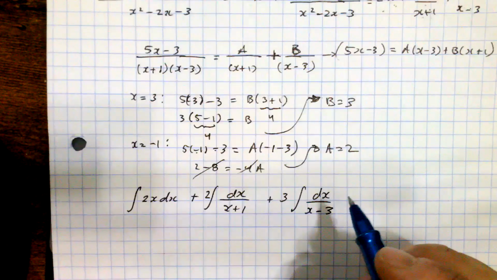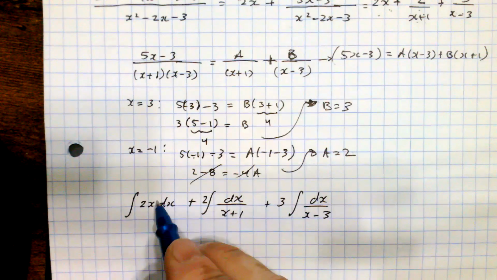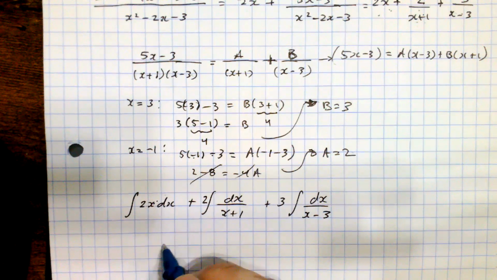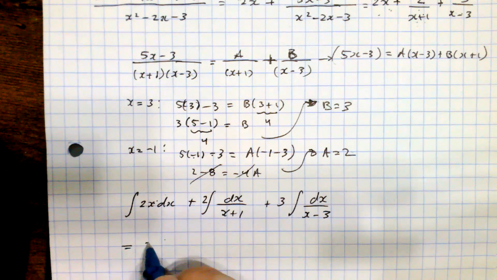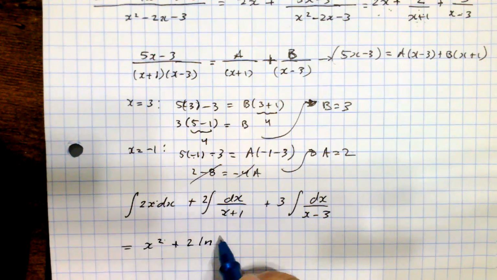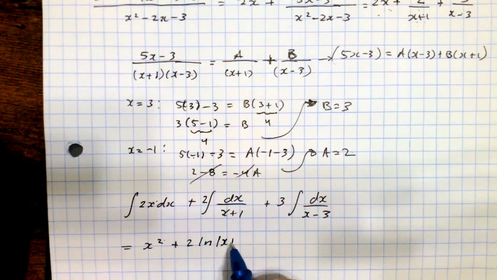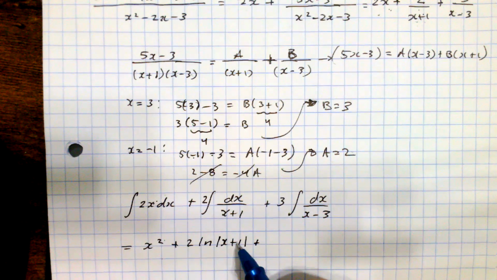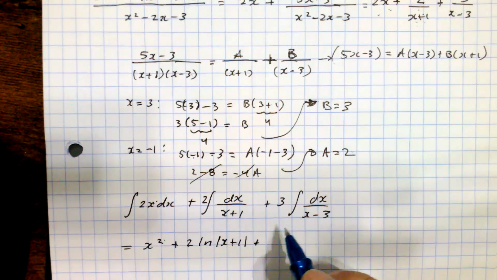Okay. Integrating these each, this is the exponent, add 1, divide by it, so this is x, so it'll be x squared divided by 2. 2 divided by 2 is going to be just x squared. This is going to be plus 2 times the natural log of absolute value of x plus 1 plus, and I could bring that up as a power of 2 and get rid of the absolute values because everything squared is positive, but I'll leave it as it is.